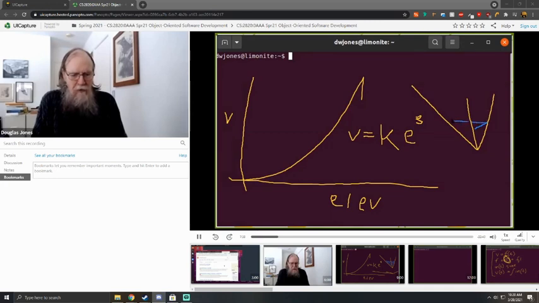So the water in the reservoir occupies an area that's bounded on one end by the dam, on the other end by that straight line of the river valley. And as the volume goes up, the area goes up.